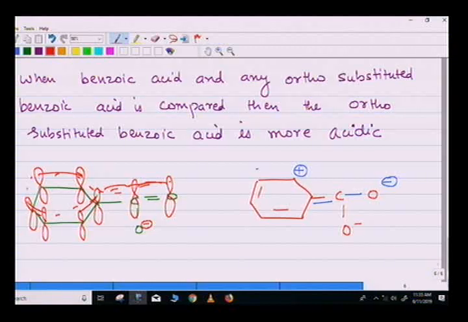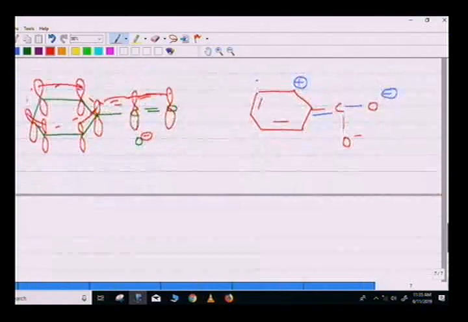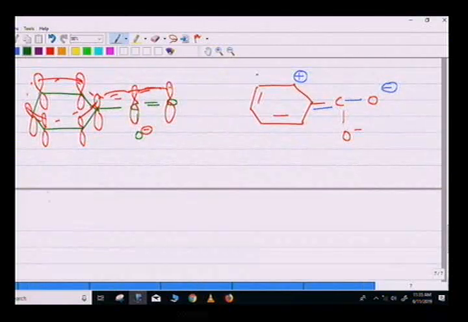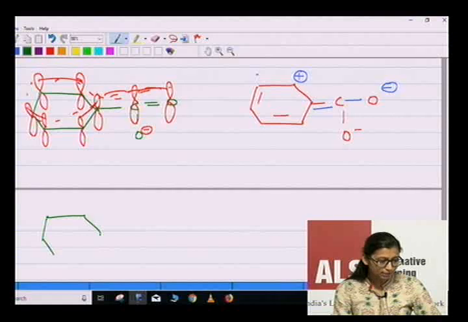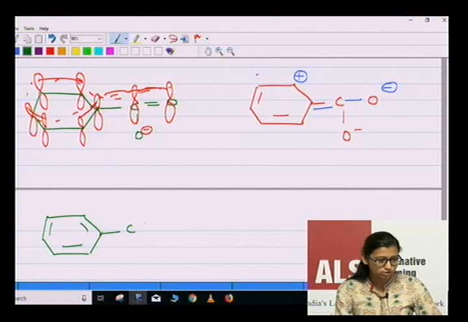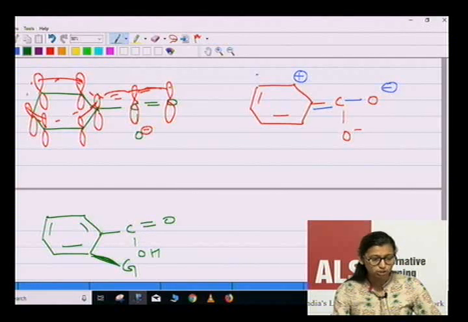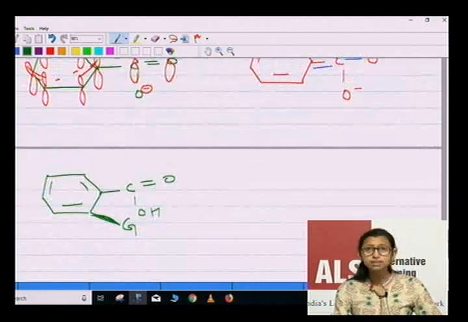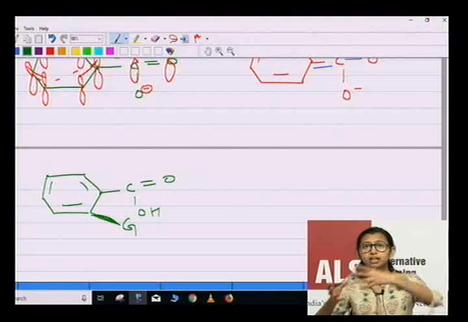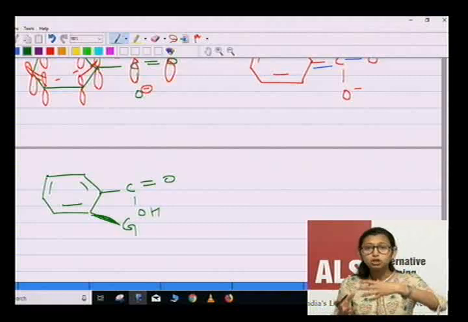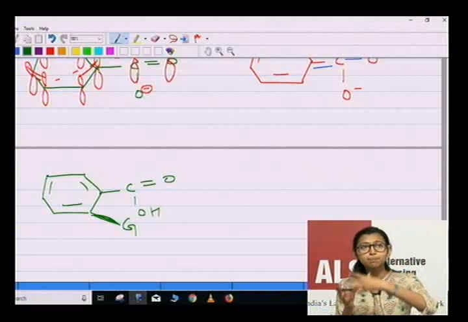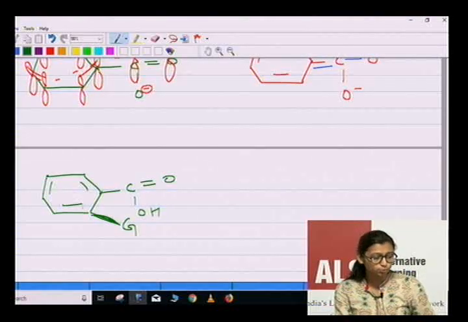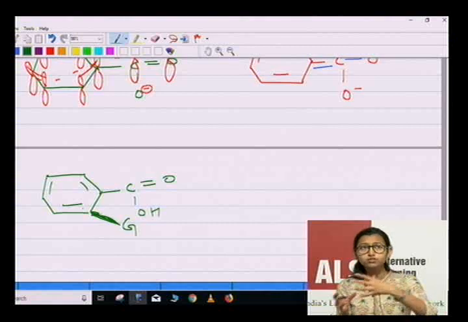Very nice, very good. Now what happened in the case of an ortho-substituted compound? Look at the screen. When I have an ortho substituent, I was already having this type of system, and if I put a G group here, you are able to see that there is so much steric crowding, okay? Because of the presence of any group at the ortho position, there is a lot of steric hindrance.